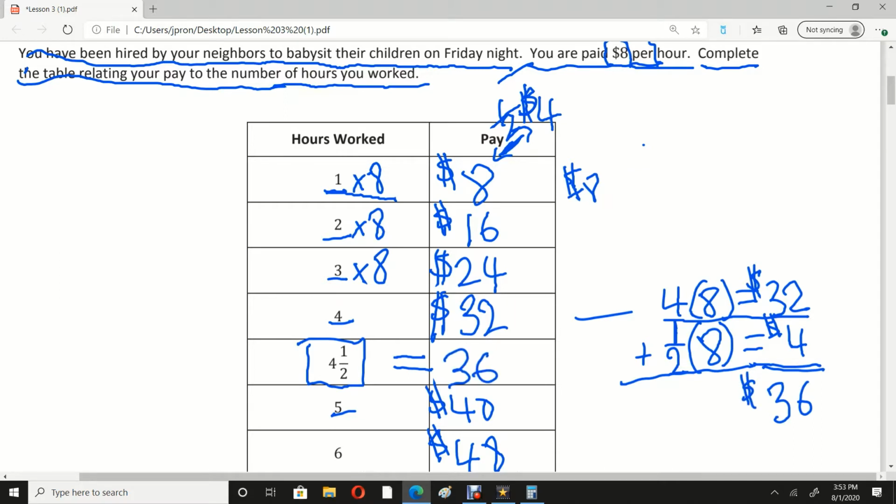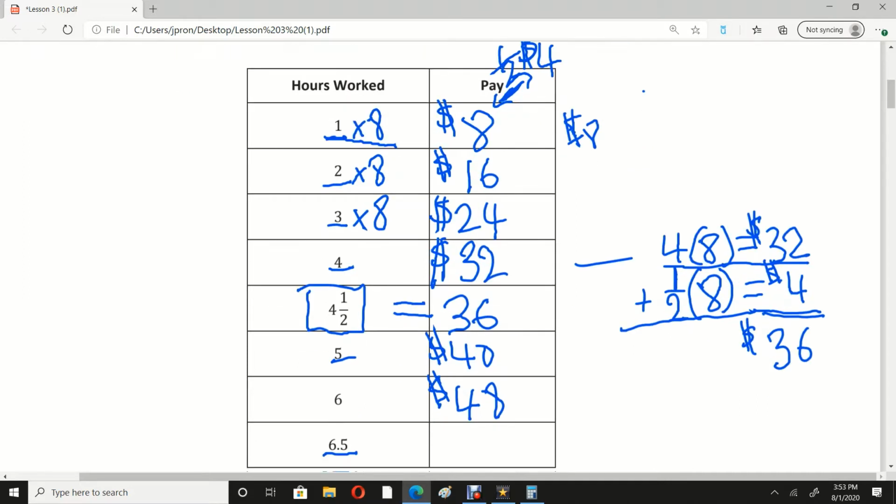All right, and then come down and what about this right here, 6.5? What is 0.5? How much of a whole is 0.5? Very good. 1/2 is equal to 0.5, right?